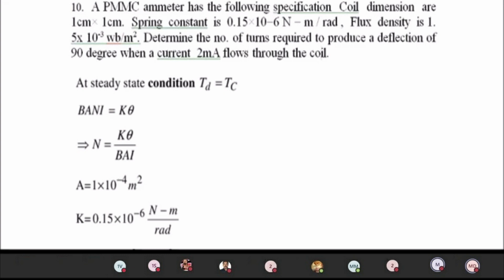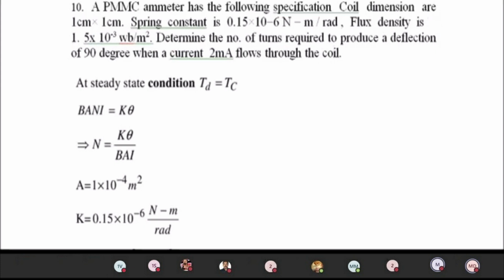Spring constant is 0.15 into 10 power minus 6 Newton meter per radian. Flux density is 1.5 into 10 power minus 3 Weber per meter square. Now we have to determine the number of turns required to produce a deflection of 90 degrees when a current of 2 milliampere flows through the coil.